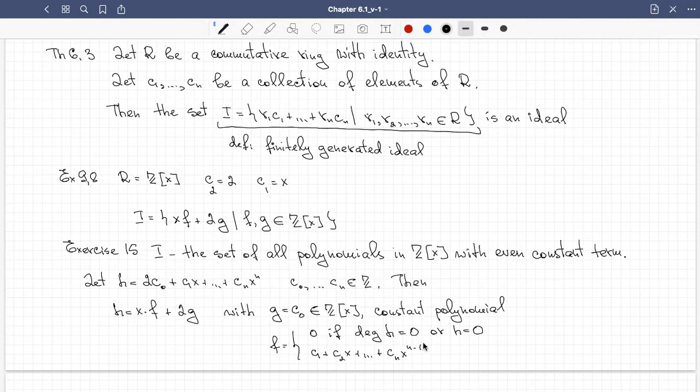I have two cases here because if n is 0, I cannot write n minus 1.